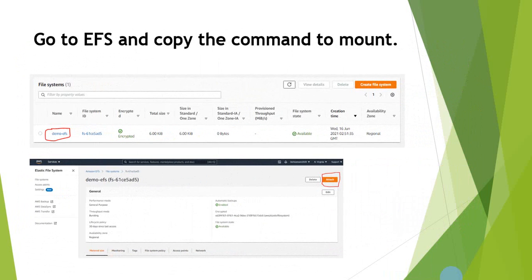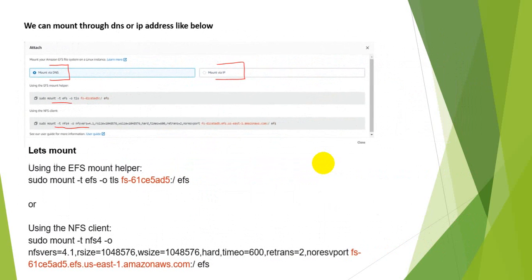Once the EFS is ready, you can see the file system is available now. You just need to click on the Elastic File System name, and you will get the option to attach it to the EC2 instance. Once you click on attach, it gives you two options, whether you want to mount with the DNS name or the IP address.